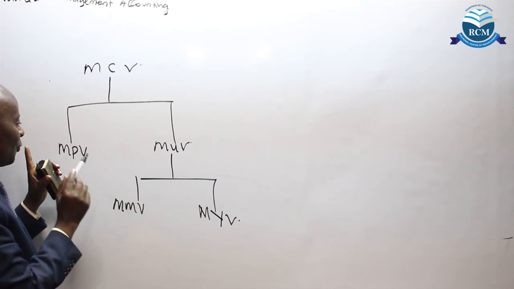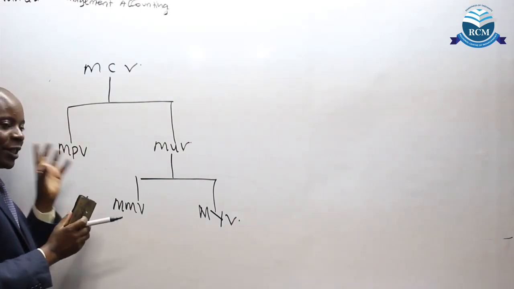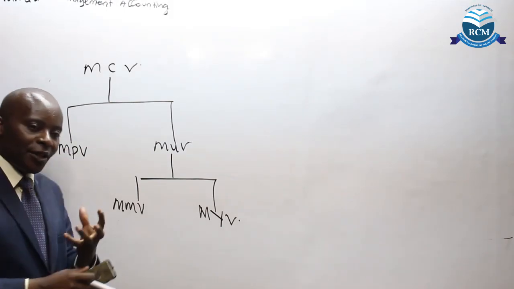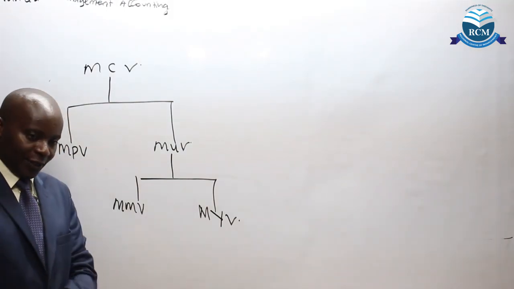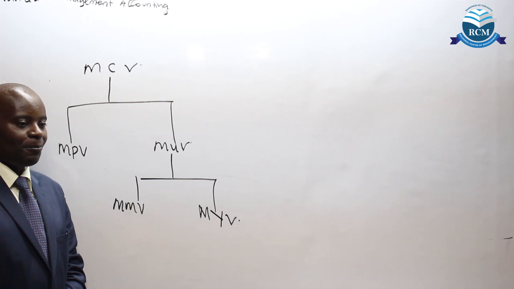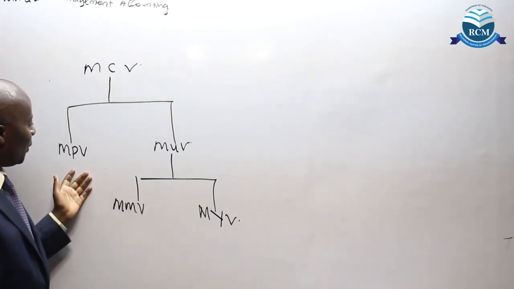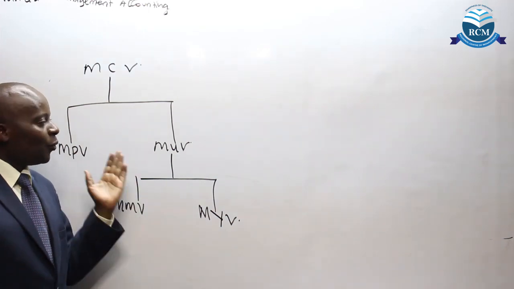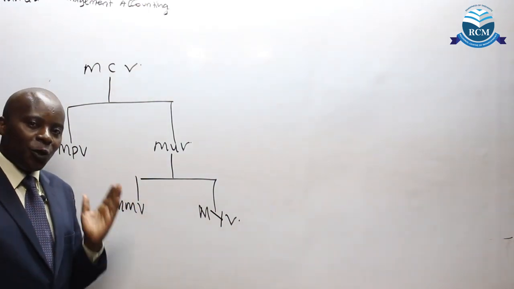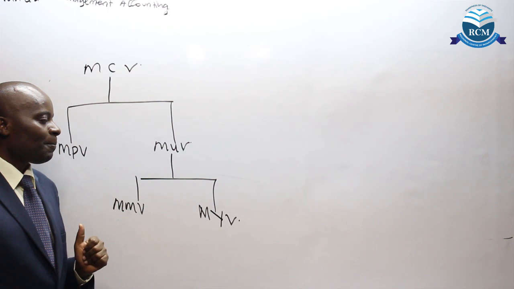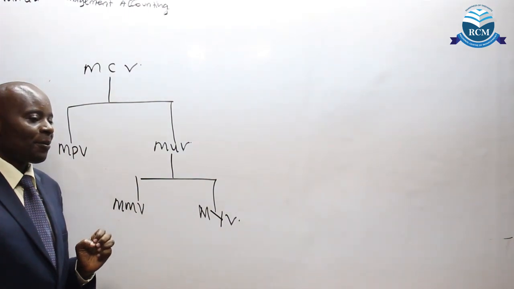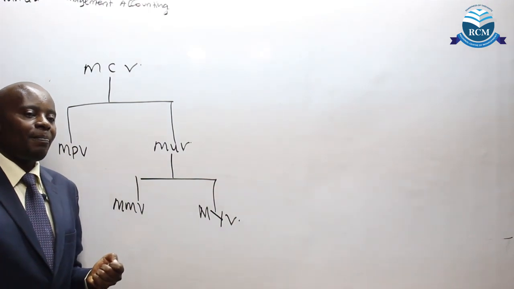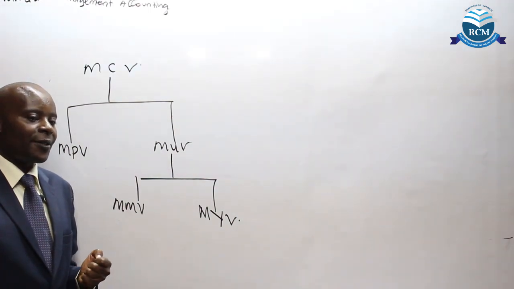Please draw this, and if possible write these things in full somewhere there. In brackets, MCV is the material cost variance. MPV is the material price variance. MUV is the material usage variance.